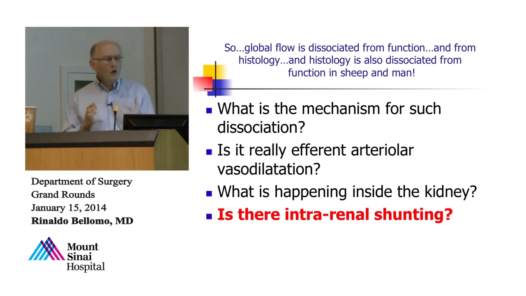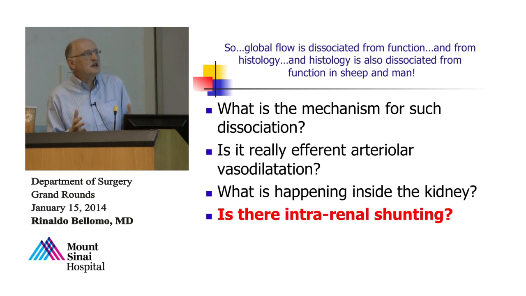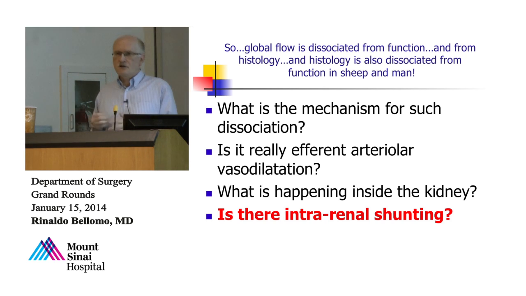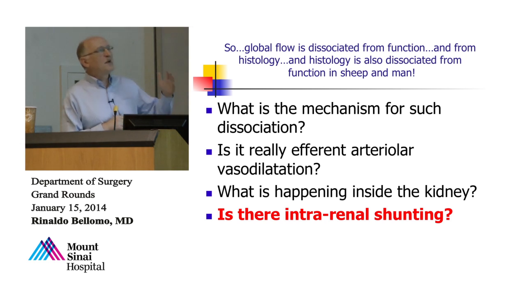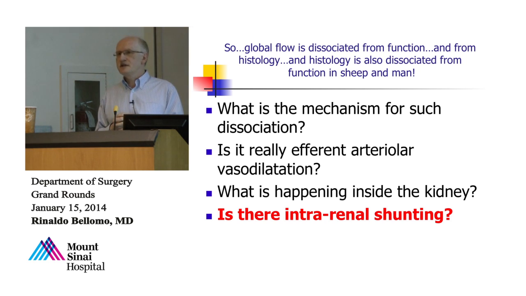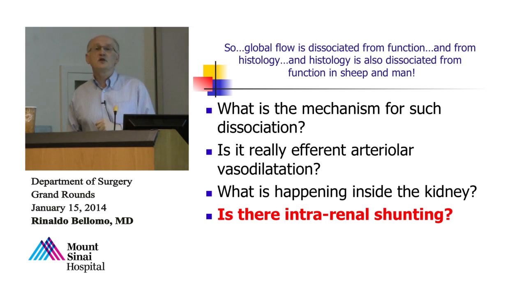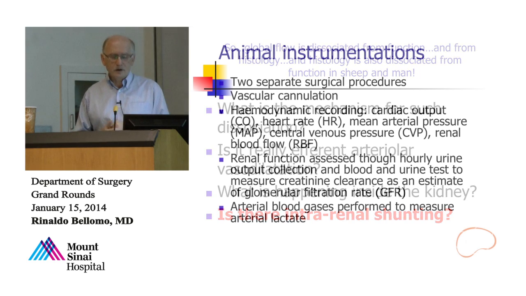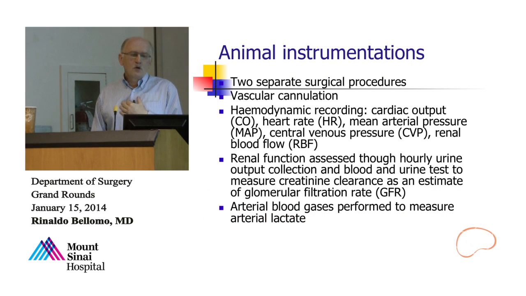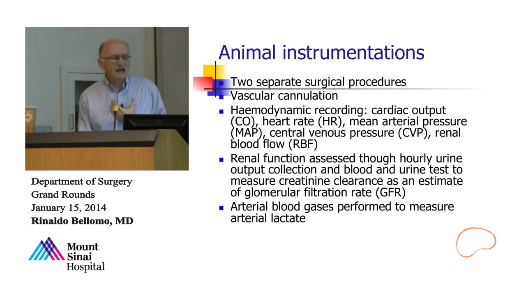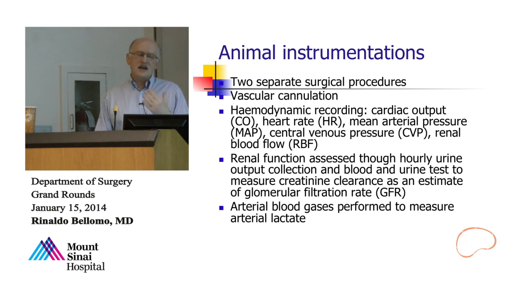And all of these things do make you understand that there may be efferent arteriolar vasodilatation, but there may also be intrarenal shunting. That is, the blood comes to the kidney, but then it goes somewhere else beyond the glomerulus. So, we set out to do studies to assess whether shunting was taking place.